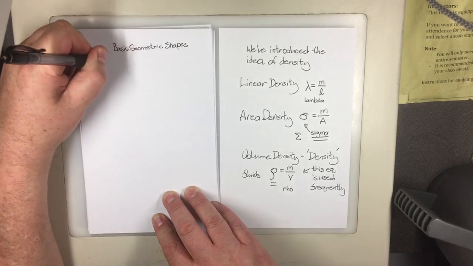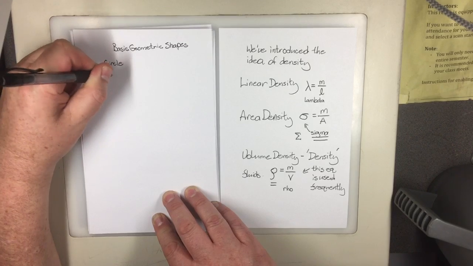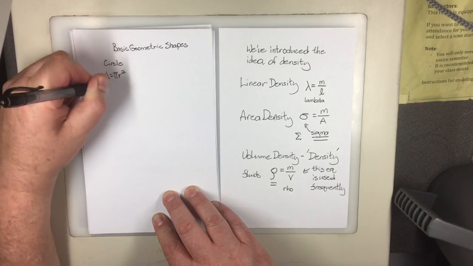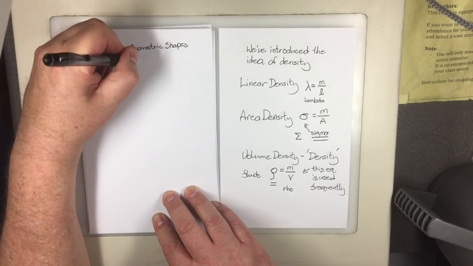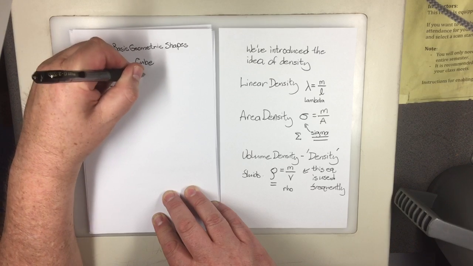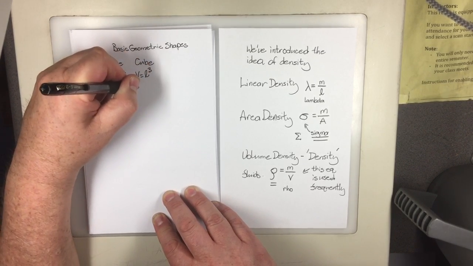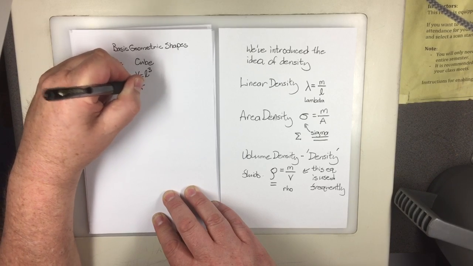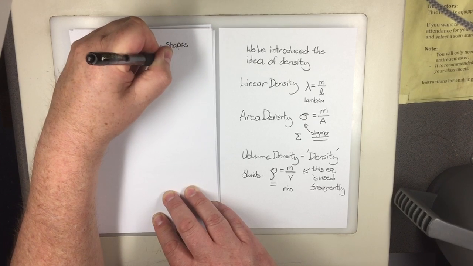Now, for circle, area, circumference, cube, sphere.